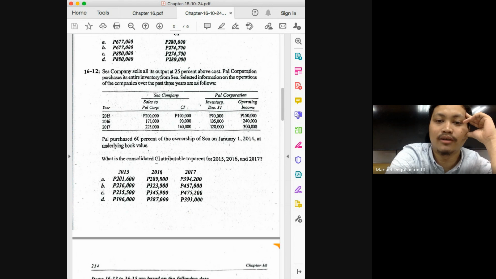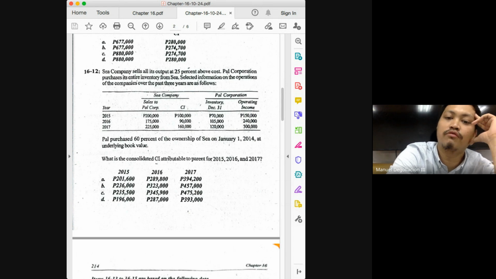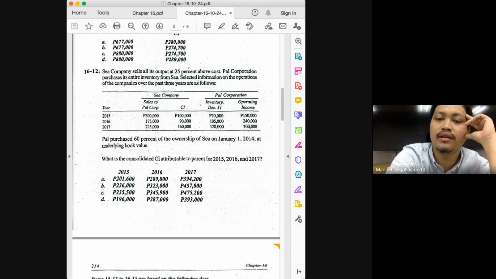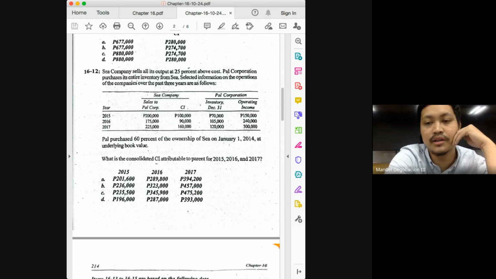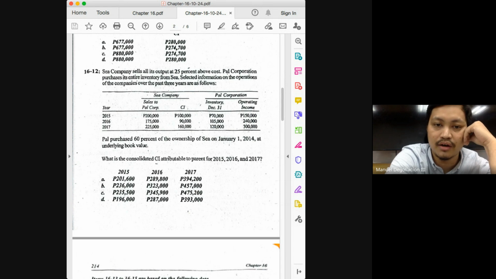Okay. So, the income attributable to the parent is solved by starting with the consolidated income and deducting the share of the NCI in the adjusted income of the subsidiary. How much again was the adjusted income of the subsidiary? Was it 83,000? And the NCI is 40%.